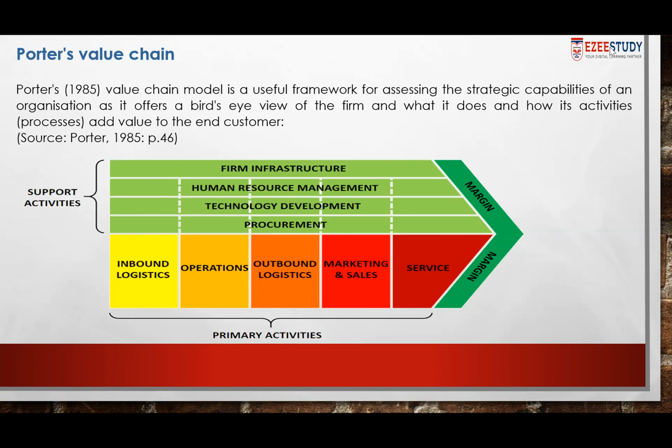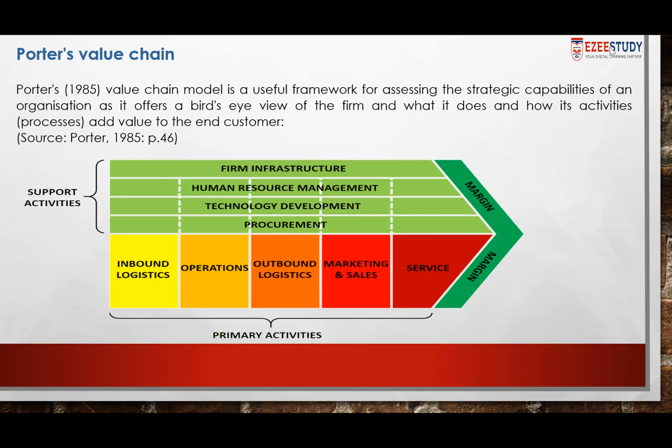This analysis is basically performed to identify the different activities that an organization performs in order to deliver a particular product or service. According to Porter, there are two basic categories of activities.